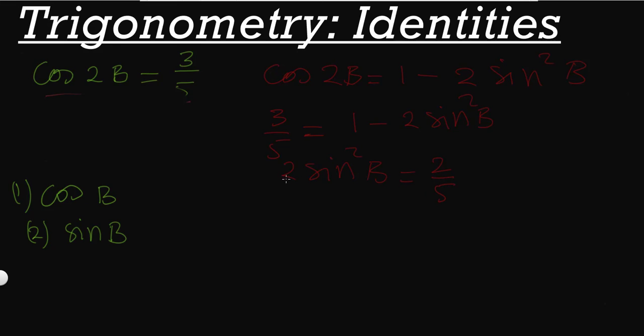So when you divide both sides by 2, you will have 1 over 5. So we have the square root of 1 over 5. Okay, so sine beta will give you 1 over root 5, or sine beta is square root of 5 divided by 5.